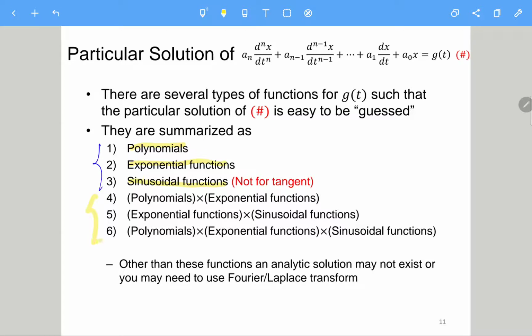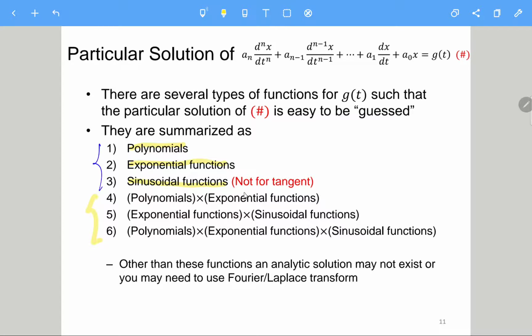And these three are the more advanced types. Actually, mathematically you know how to find the solution, but practically it will not appear very often.